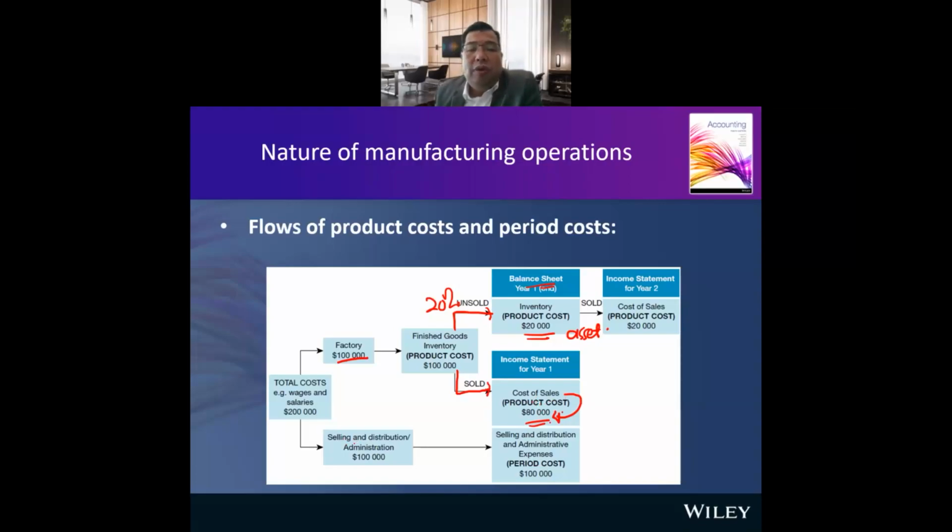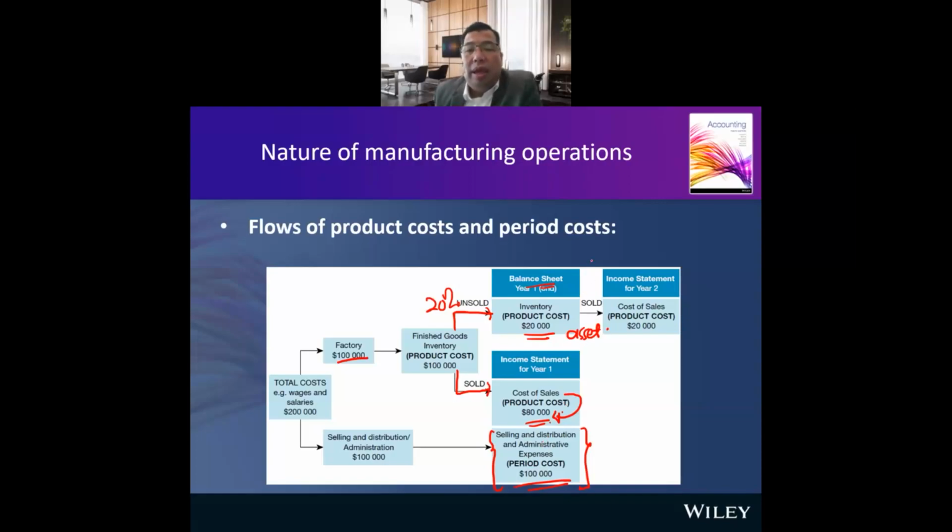Okay. So the selling and distribution expense is not directly related to producing the product. So this will be your selling and admin expense. This is your period cost. That does not directly relate to producing the finished goods. Okay.